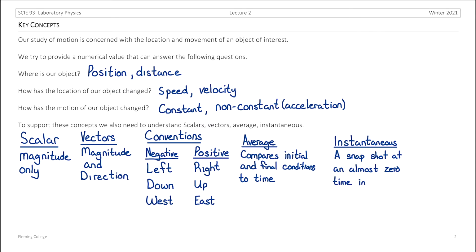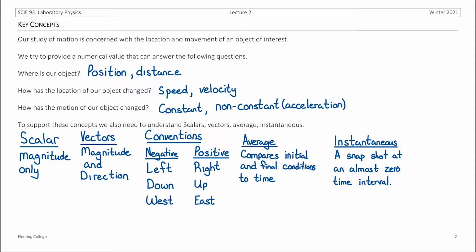Your textbook mentions the concept of looking at these values when the limit of time approaches zero. This is a calculus concept and it's often used in physics calculations, but it will not be used in this course.